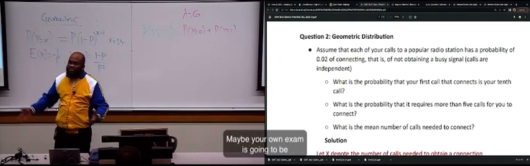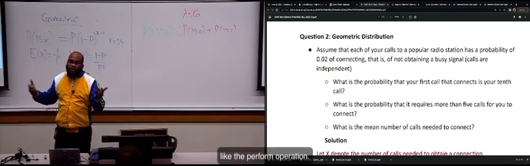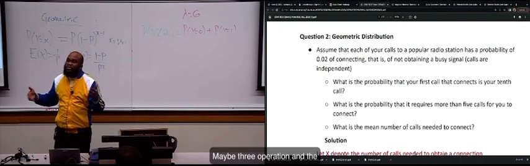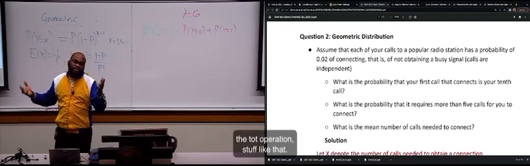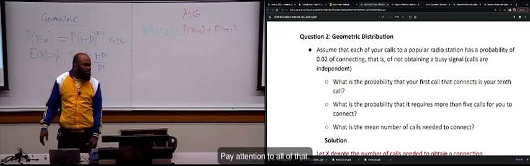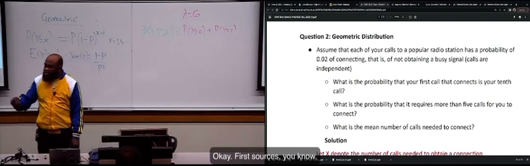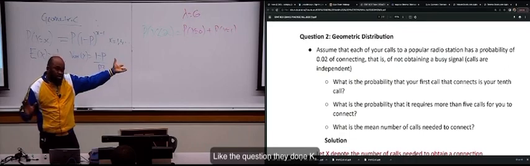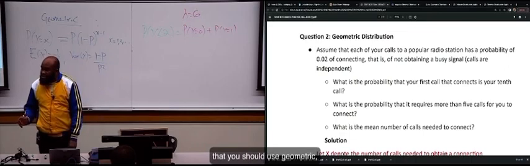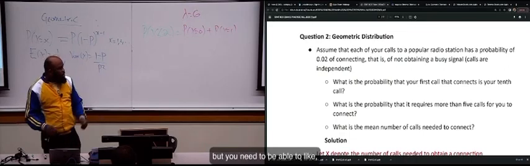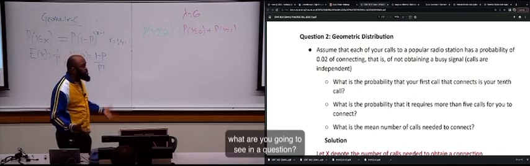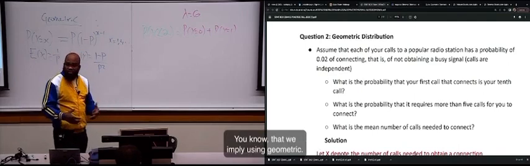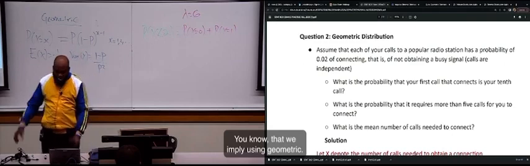Maybe your own exam is going to be like they perform an operation, maybe 3 operations, and the successful one is at the 3rd operation, stuff like that. Pay attention to all of that. First success, yes, you're going to use geometric here. The question did not indicate that you should use geometric, but you need to be able to recognize what in a question implies using geometric.